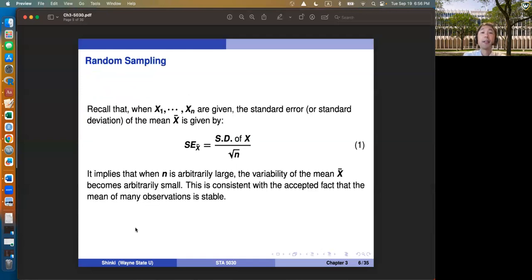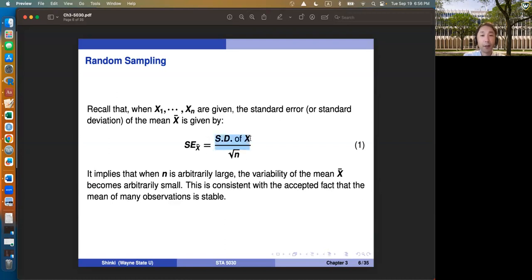And the theory is here. Suppose that we have n observations. Then the standard error of X bar, or the standard deviation of X bar, is equal to the standard deviation of one observation divided by the square root of n. In our case, 5 observations.